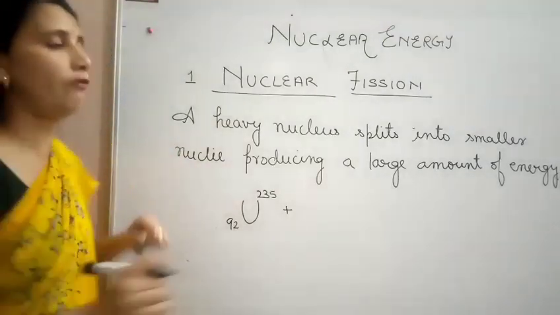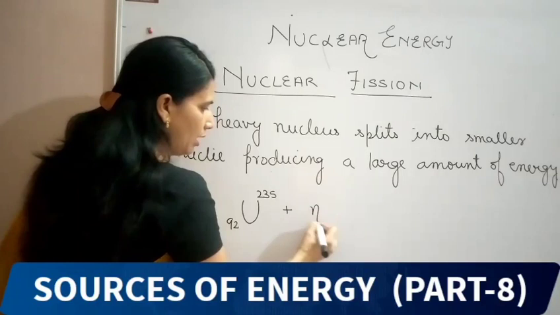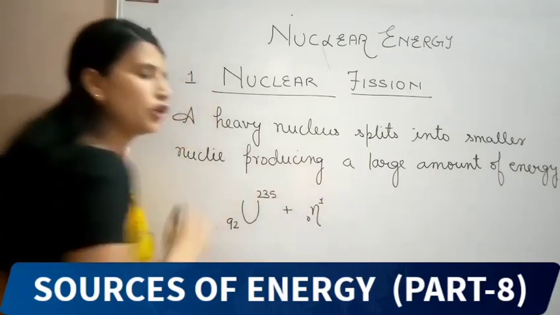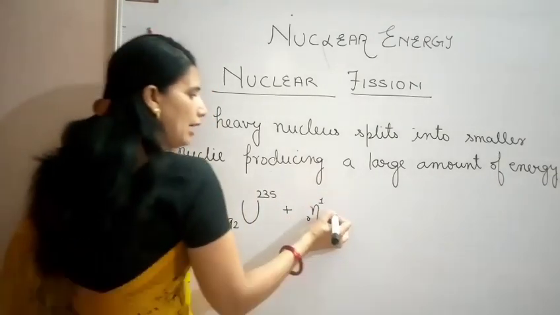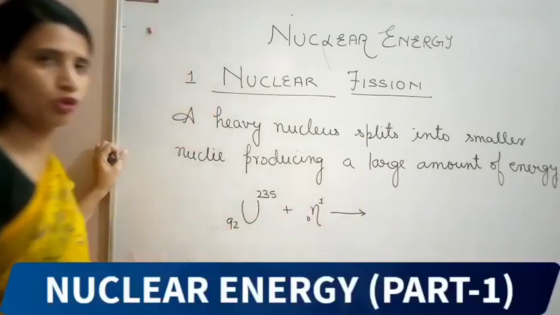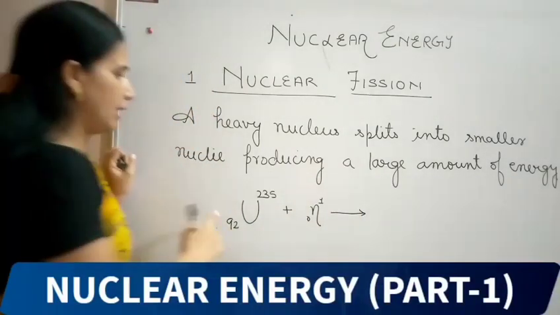When it is bombarded with a neutron, it splits into two smaller nuclei.